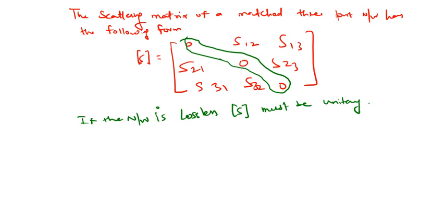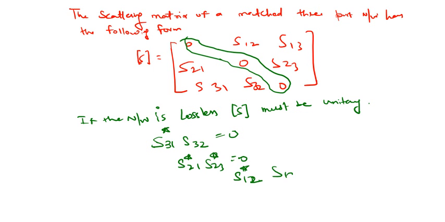It should be like S31, S32 should be 0, of course. Then S21, S23 should be 0, of course. And S12, S13 is also equal to 0.